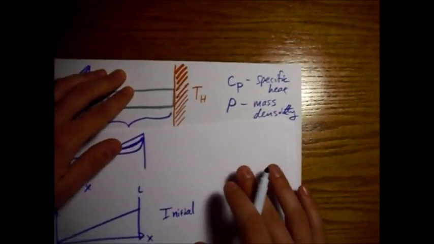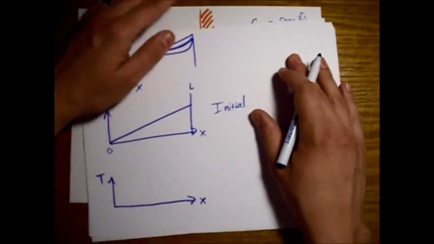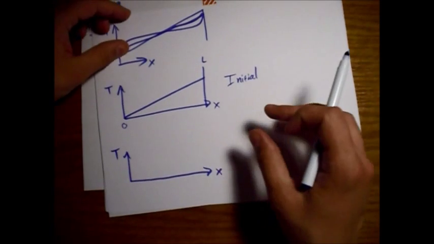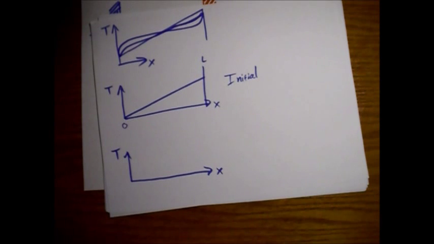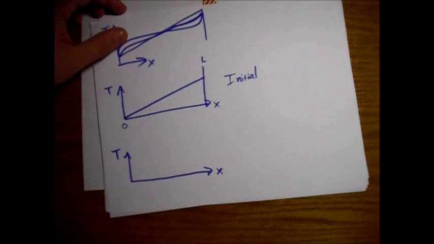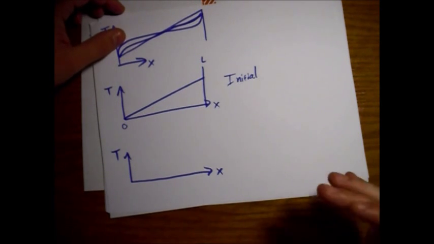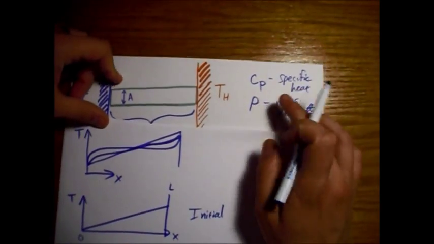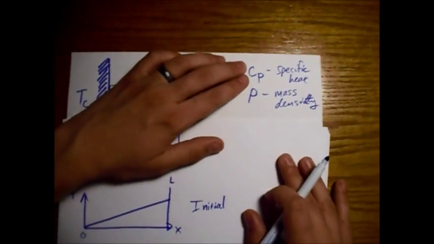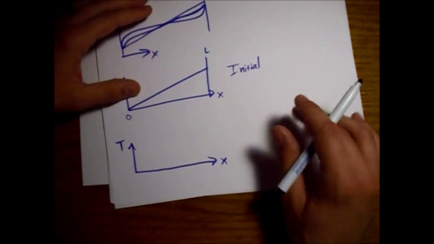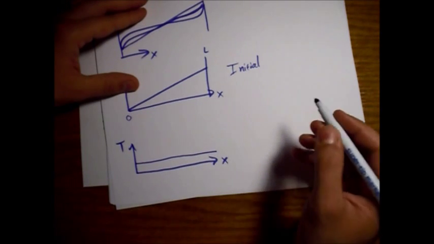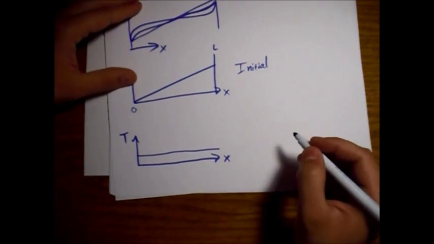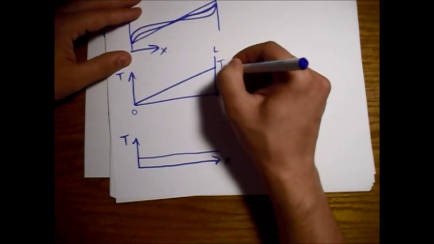And the final situation, the reason we worry about why this is a constant is because once we take it out, the amount of energy is fixed. There's no more energy flowing through the bar, and because this is constant, basically what's going to happen is you're just going to get a uniform temperature throughout the bar.